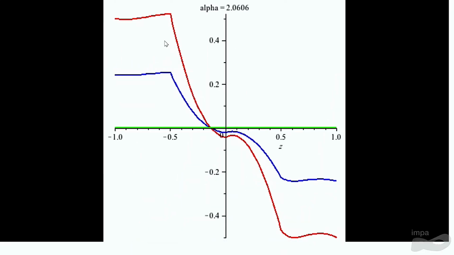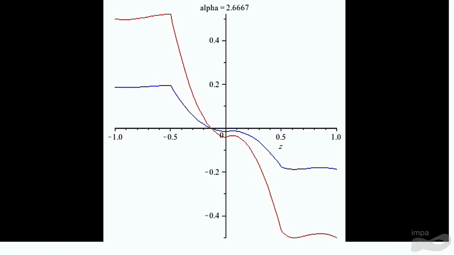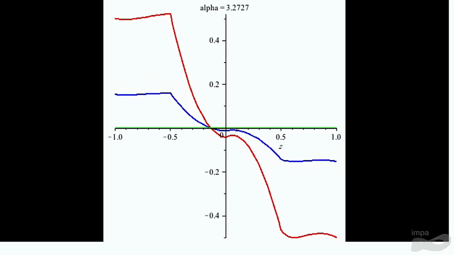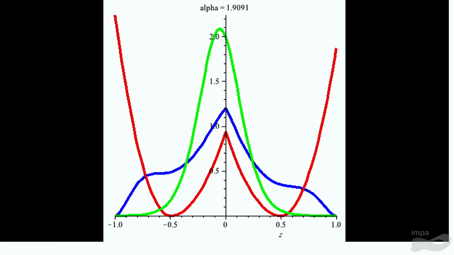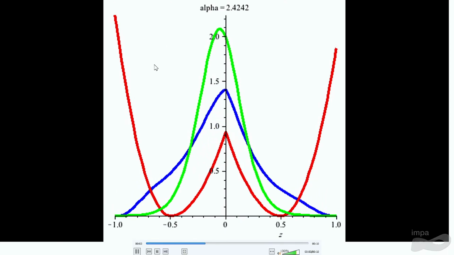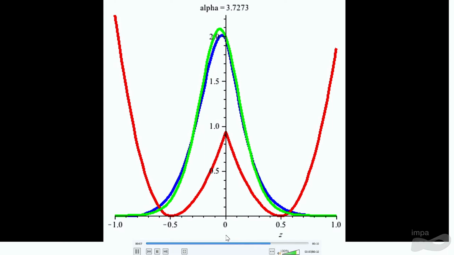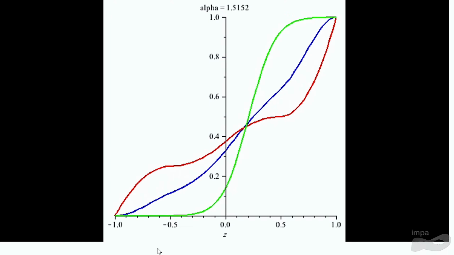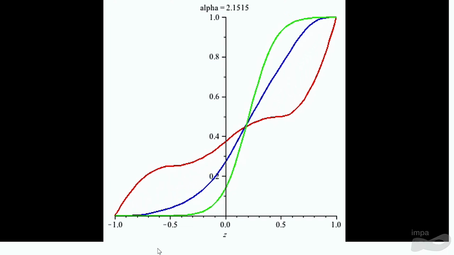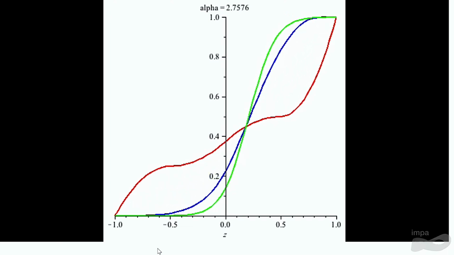This is the corresponding invariant. The green is the invariant, the constant 0 invariant. Red is the initial, and blue is the result of the deformation. So that's the evolution of the cumulative.